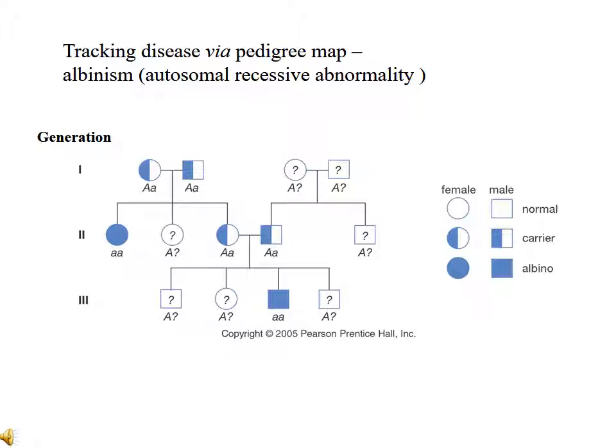In this case, we're looking at an autosomal recessive abnormality. An autosomal recessive abnormality means that both recessive genes have to be present for the disease or the abnormality to show up. Now, if you start looking at the generations, at the bottom, we see the little male with 2 little a's. He obviously has the albino syndrome.